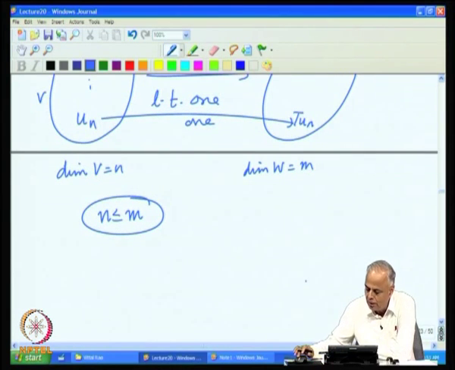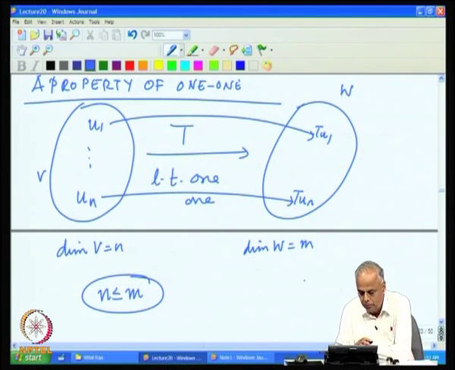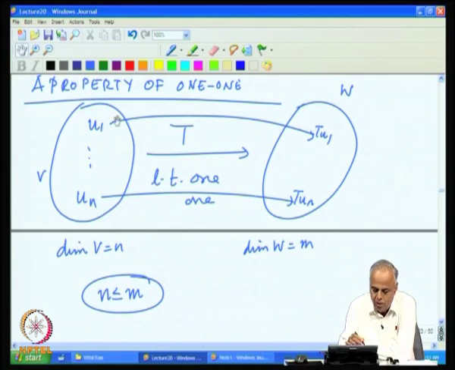Now, u1, u2, un are linearly independent in V, because they form a basis. So, they are linearly independent here, and their images, will they be linearly independent?